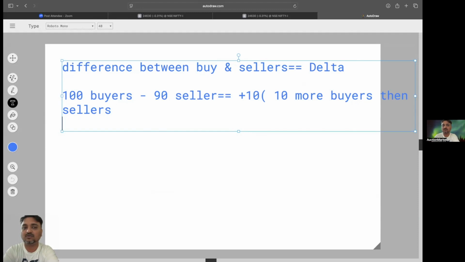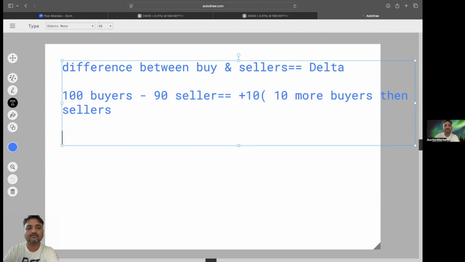They had brokers, and brokers used to go to the stock market, the stock mandi we call it, where they used to bid for that price, and there would be both buyers and sellers, and they used to close the deals over there. So that is the basic fundamental of the share market.